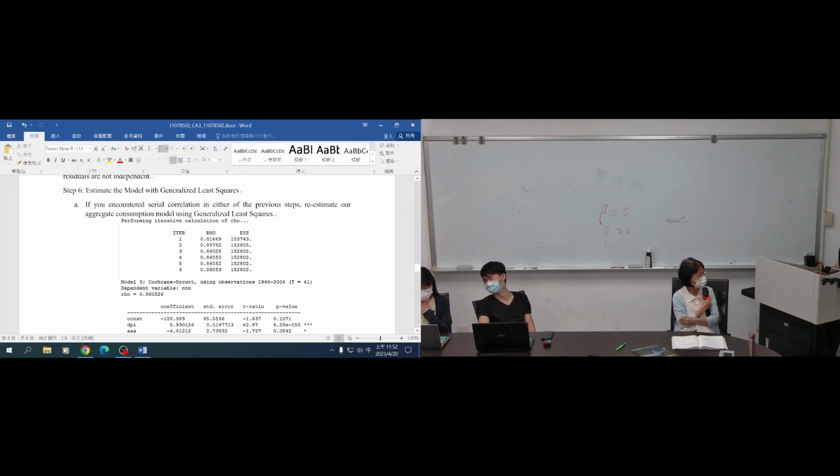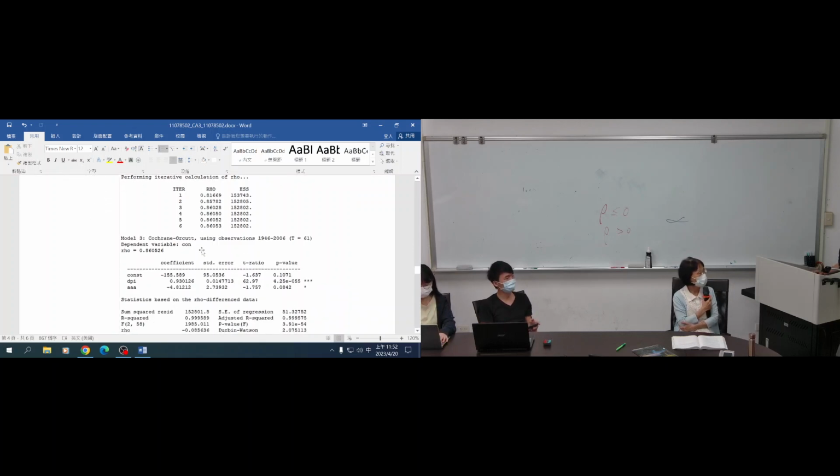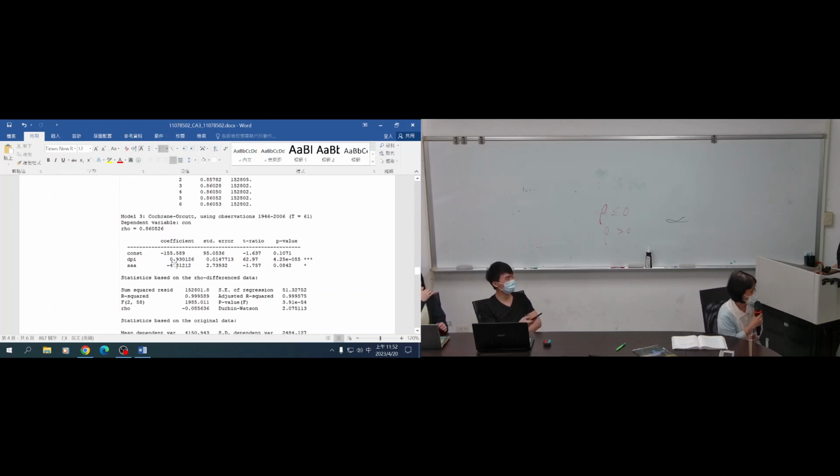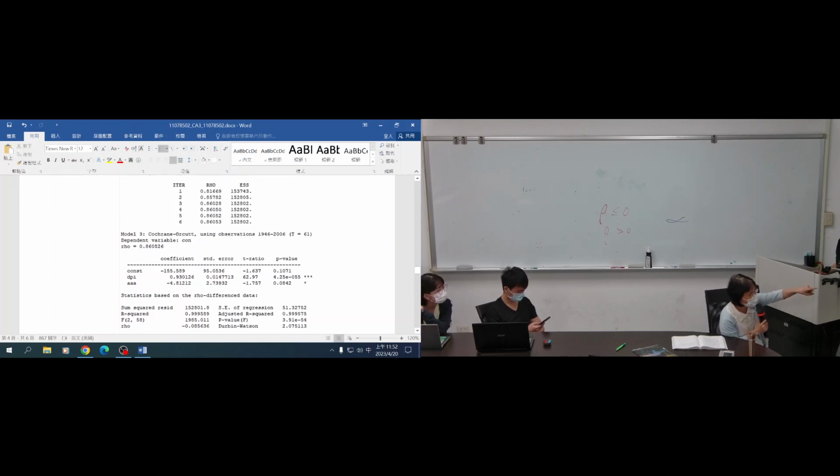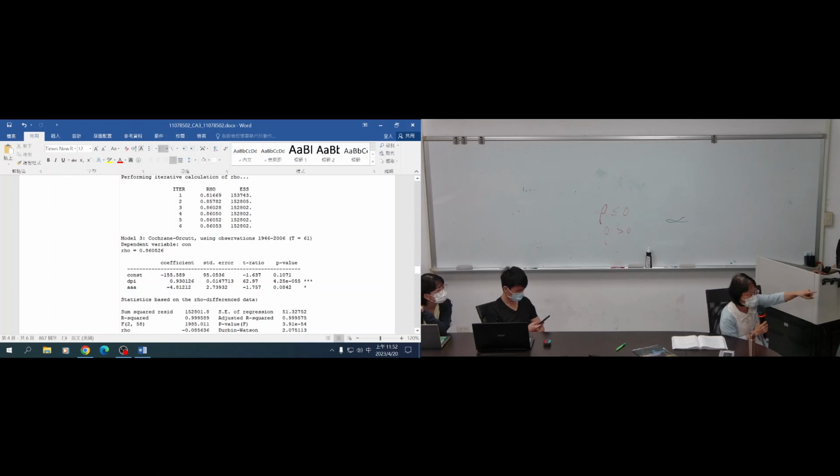And then this one is the one that I got from Gretl by running GLS. The coefficients and the t values are different, because of the GLS they are using. Look at this one. This is from Gretl's, right? There's another way, say Cochrane-Orcutt. This is another popular way.